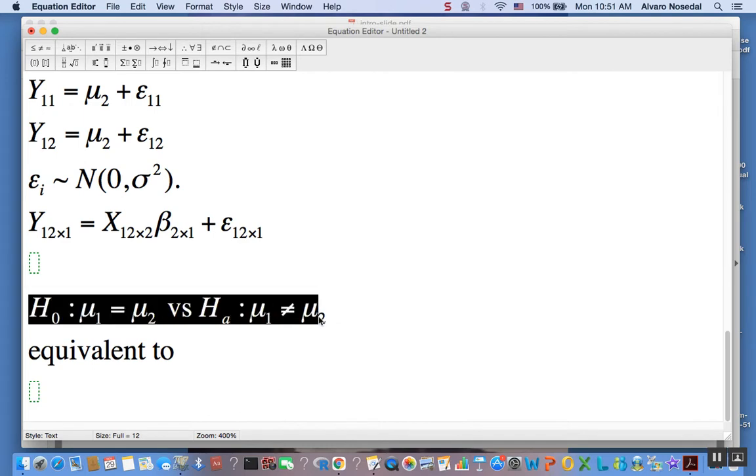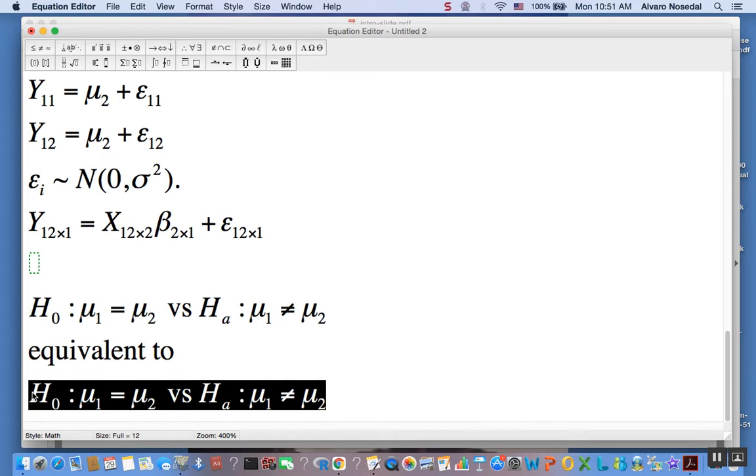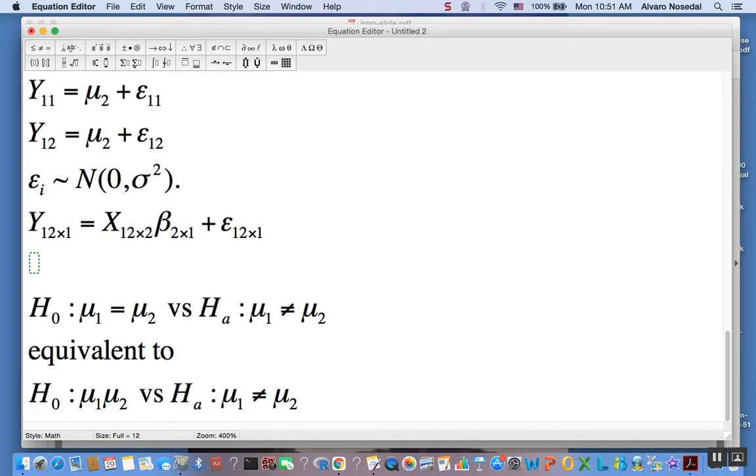Okay, now note that that would be equivalent to the following. Let me rewrite the null and the alternative hypotheses like this. This is the same as saying if mu1 and mu2 are equal, then mu1 minus mu2 equals 0, right? And if mu1 is different from mu2, then the difference between these should be different from 0.